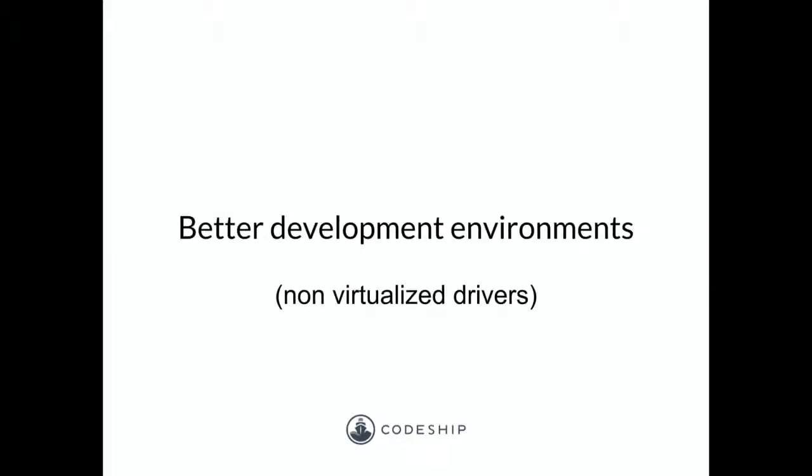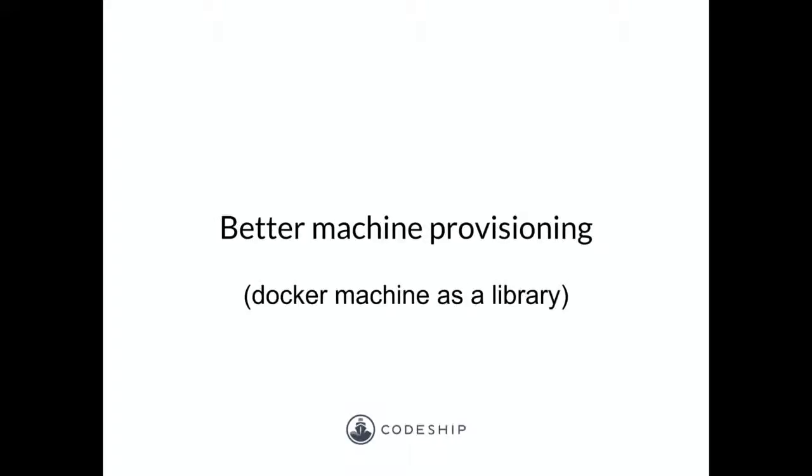Better development environments, being able to do a better job syncing your code hot when you're running your containers so that you can really be moving quickly. If we can get people to actually write code constantly by using containers, that'll give us the best parity from your development machine across your entire pipeline. And then better machine provisioning.